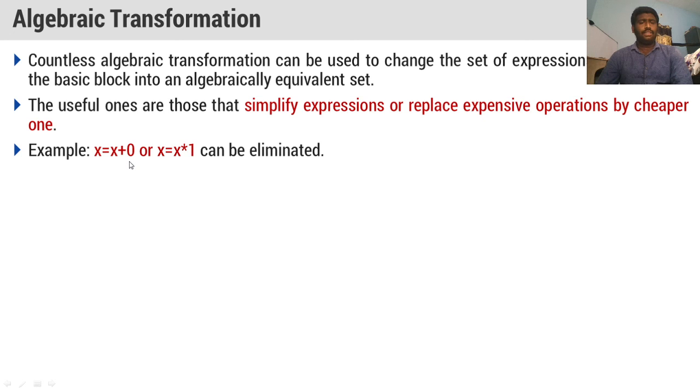So adding 0 or multiplying with 1 doesn't make any changes here. That's why we can take this as algebraic transformations. So the set of expressions computed by the basic block is changed into an algebraically equivalent set, and we can identify that no changes take place when we add 0 or multiply with 1.